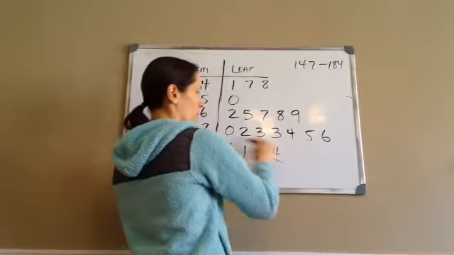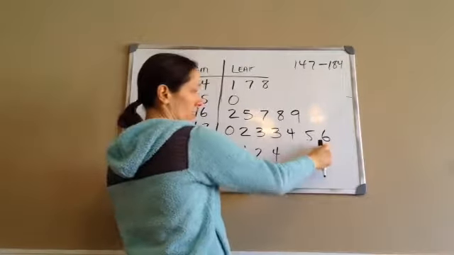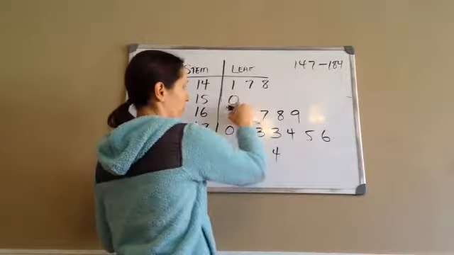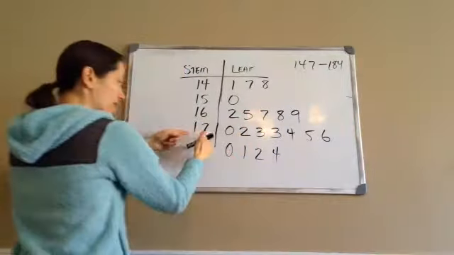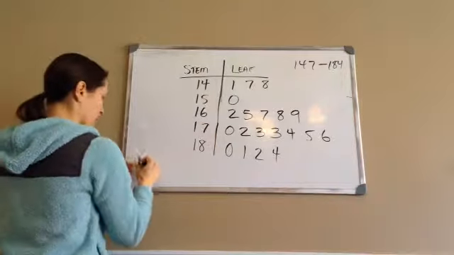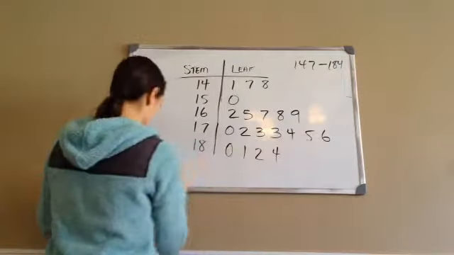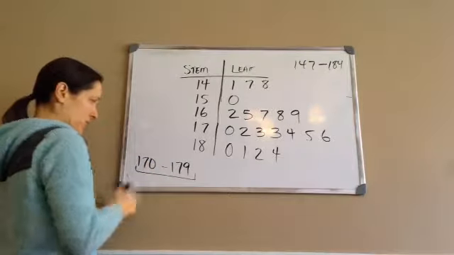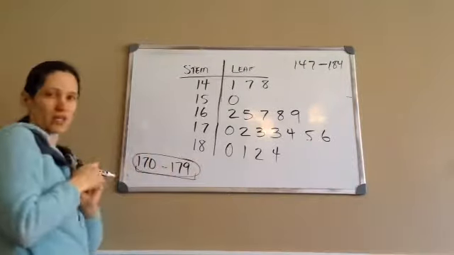It has 1, 2, 3, 4, 5, 6, 7 balls that were hit, where this one only has 5, 4, 3, 1. So we would say it's from the range of 170 through 179 because they're wanting a 10-yard range. So it's from 170 to 179.